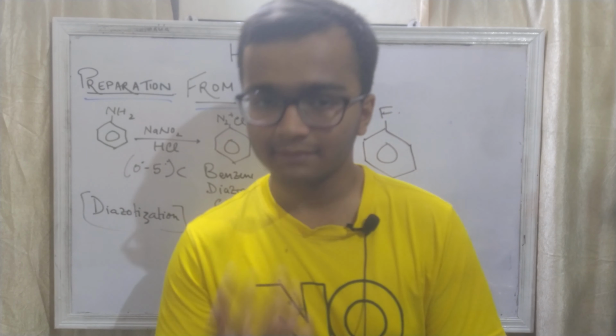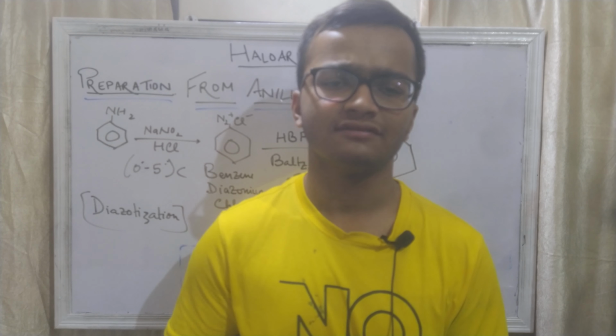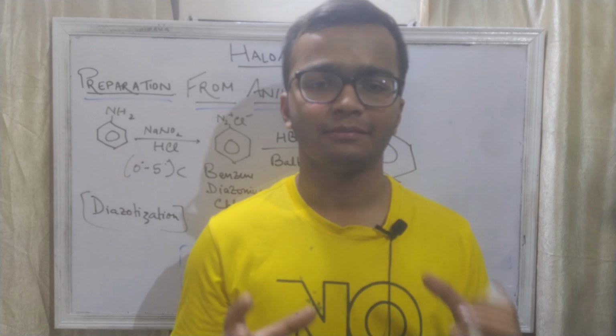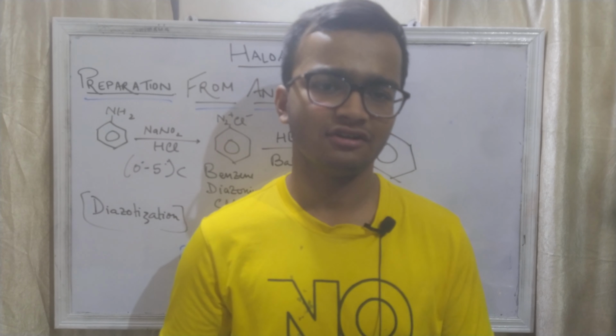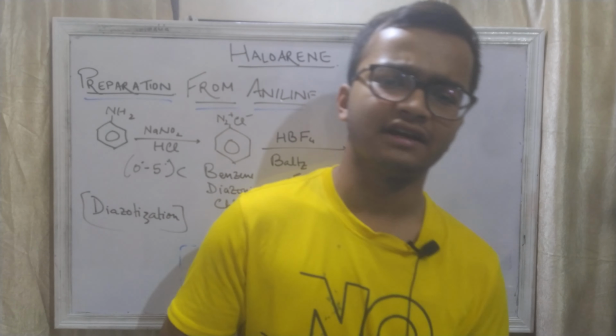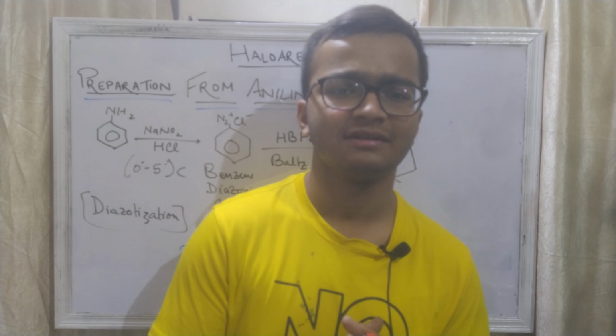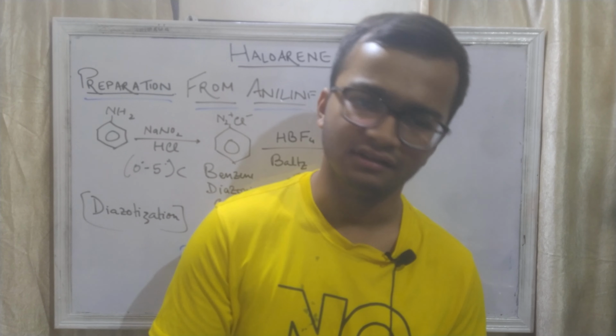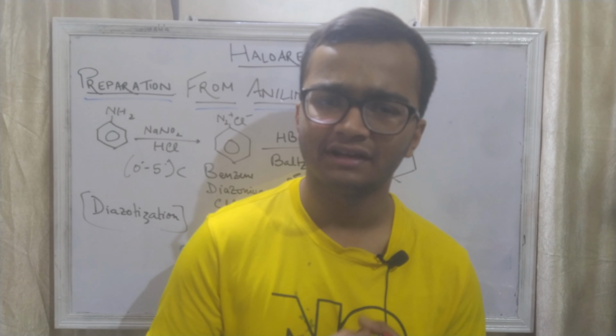In the end, we have learnt about the preparation of your fluorobenzene, which is from the HBF4. We are treating the benzene diazonium chloride with HBF4, and we are getting the fluorobenzene. So this was all about the preparation of your haloarenes.